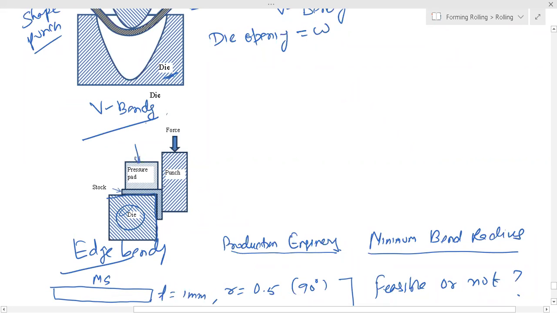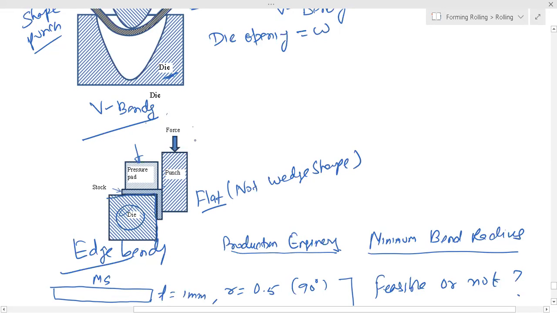You have to apply force, right, to keep it in a stable condition. And the punch here is flat. It is not wedge shaped.